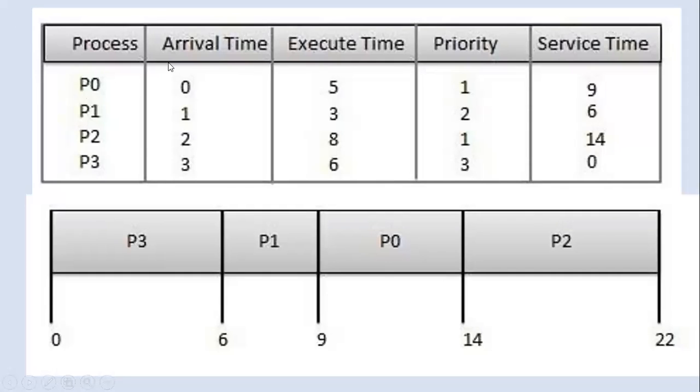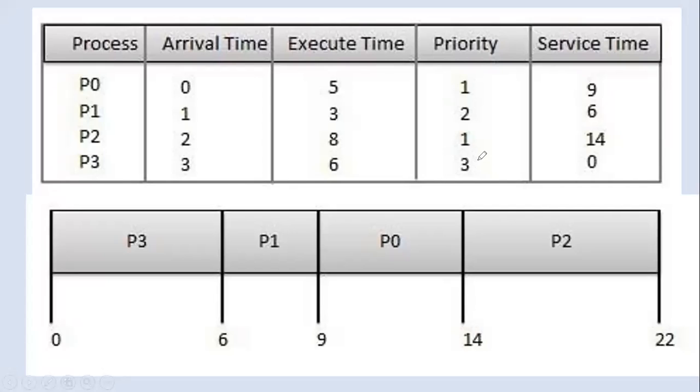Like in this case now, we have several processes: P0, P1, P2, and P3. Each of them has an arrival time, execution time, the priority, and the service time. So in this case, those with priorities 1, 2, and 3 will be attended to based on the priority.